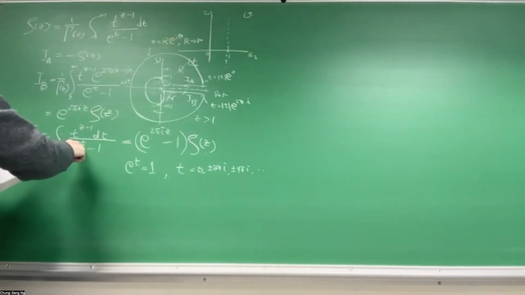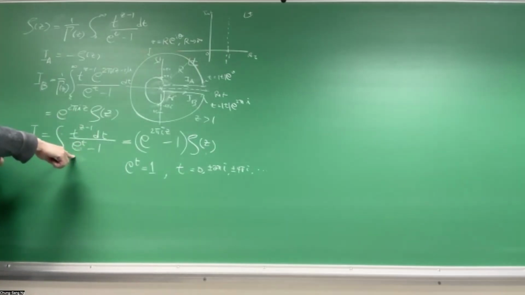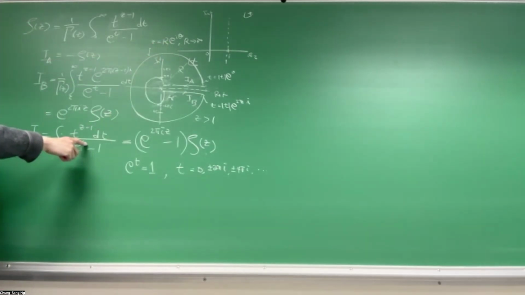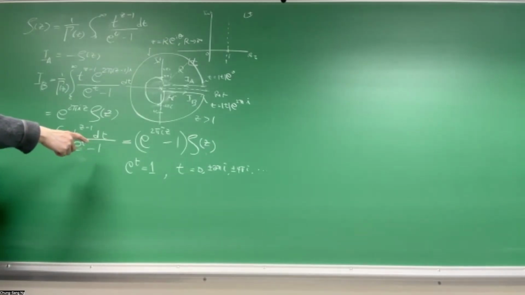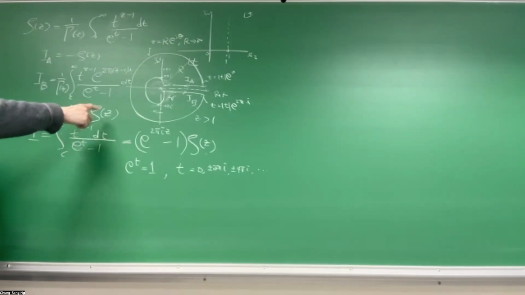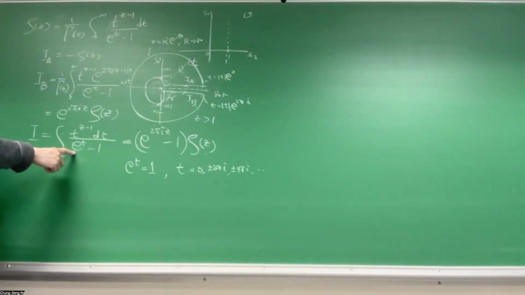Whatever the theta range will make the exponential function large, so for part of this circle the exponential function will be exponentially large. The real part is R cosine theta. If R cosine theta is positive, then e to the R cosine theta is exponentially large for large R, and the whole exponential function will be large. Likewise, if R cosine theta is negative, then this one will be exponentially small. So there are two situations: one is exponentially large, the other exponentially small. If exponentially large, the whole thing is small, right?